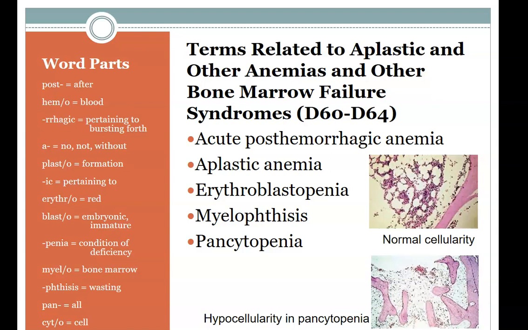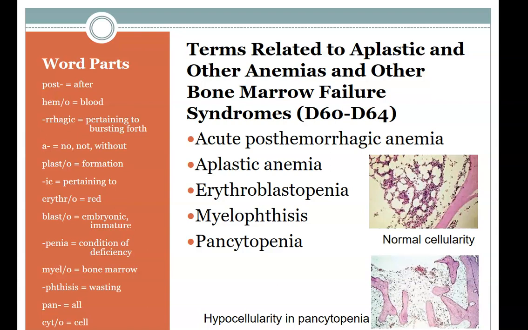Terms related to aplastic and other anemias and other bone marrow failure syndromes. Acute post-hemorrhagic anemia is a red blood cell deficiency caused by blood loss. Aplastic anemia is a suppression of bone marrow function leading to a reduction in RBC production. Usually idiopathic, this is an often fatal disorder and may be caused by hepatitis, radiation, or cytotoxic agents.